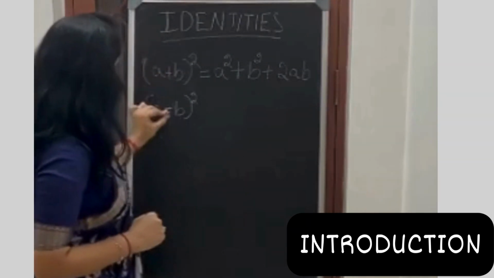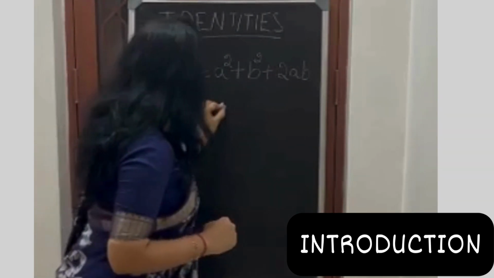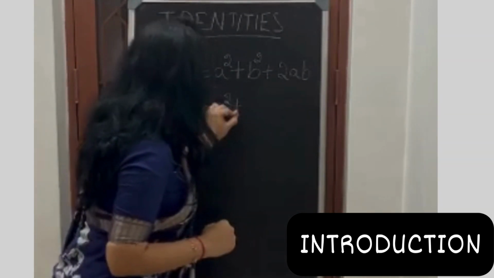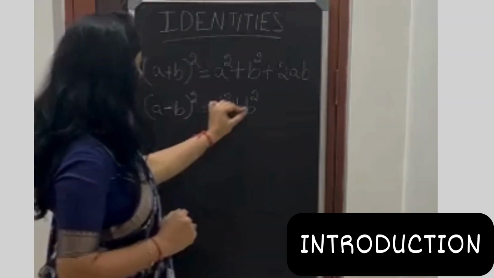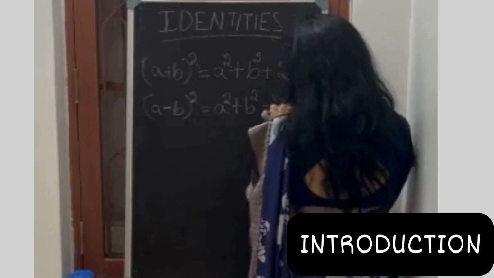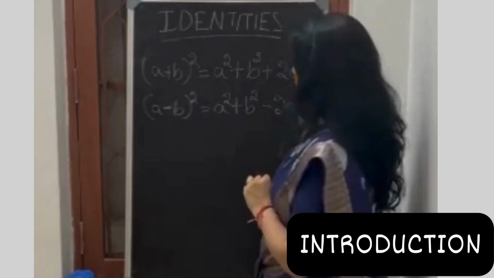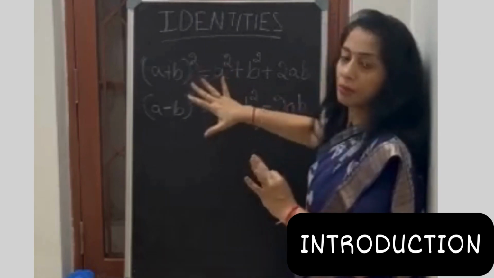Same thing, if this is a minus sign and not a plus sign, then it will be a square plus b square, because minus into minus is plus, so plus b square minus 2ab. These two formulas are the base formulas for this chapter.